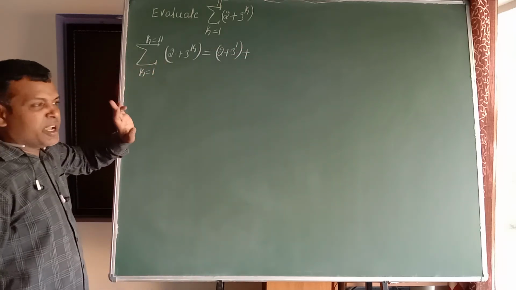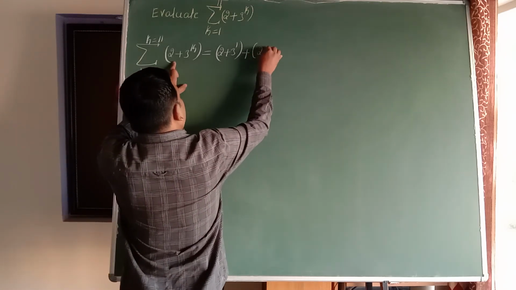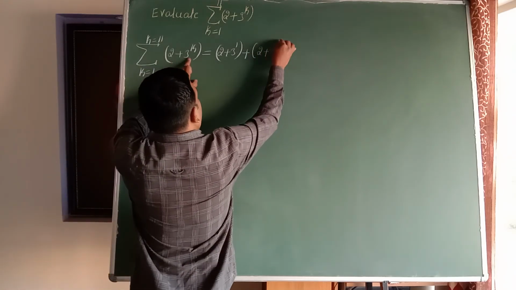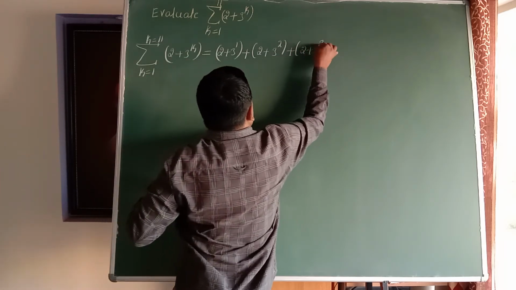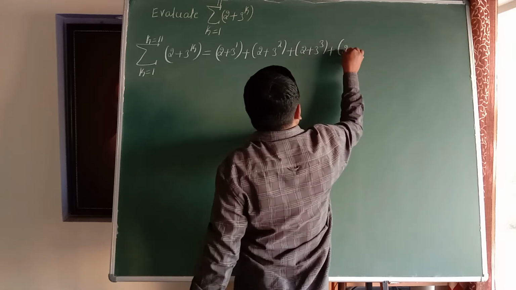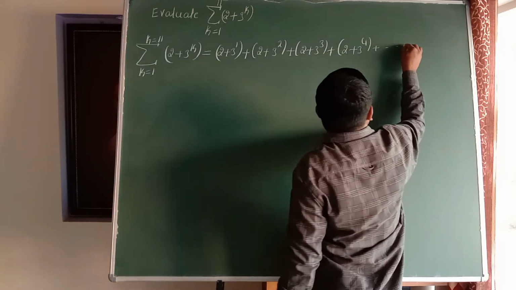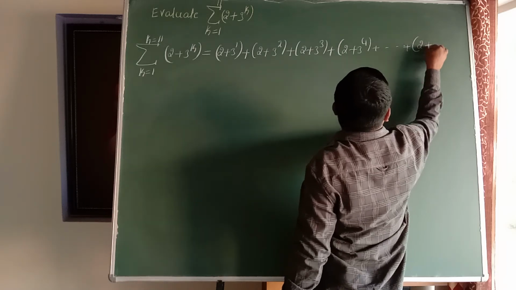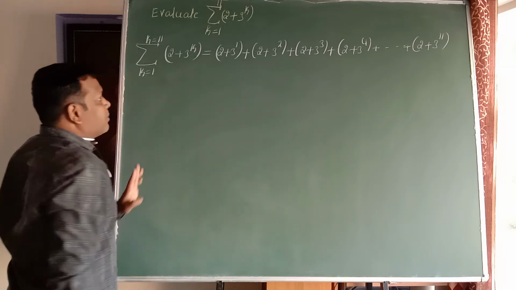Sigma is nothing but summation plus. Second term becomes here 2 only because it is a constant plus 3 power 2. Plus third term becomes 2 plus 3 power 3. Fourth term is 2 plus 3 power 4. So on. The last term becomes 2 plus 3 power 11 because k is equal to 1 to 11.